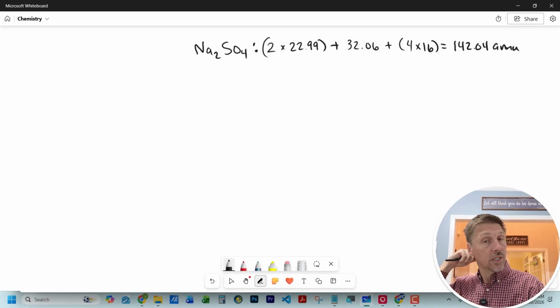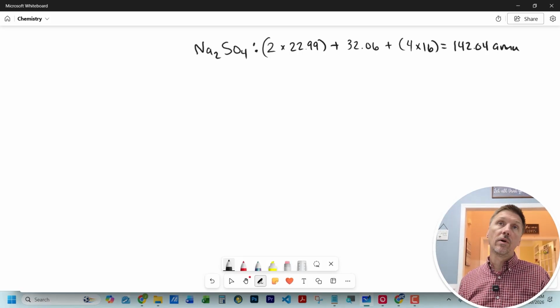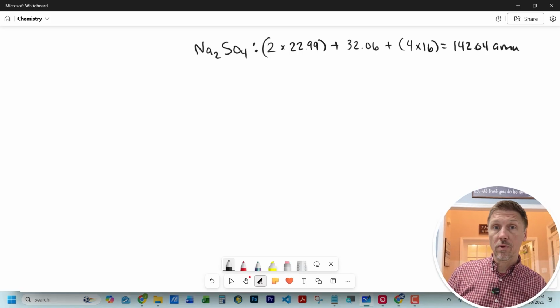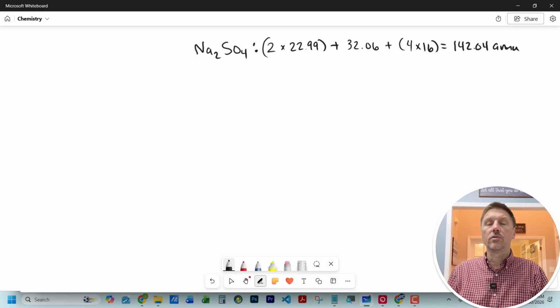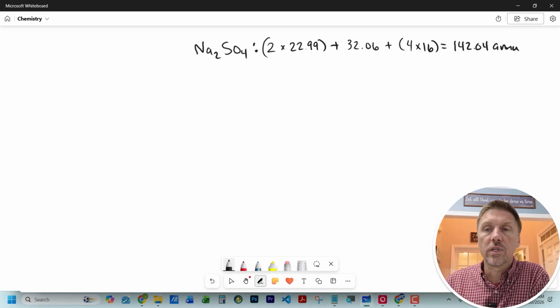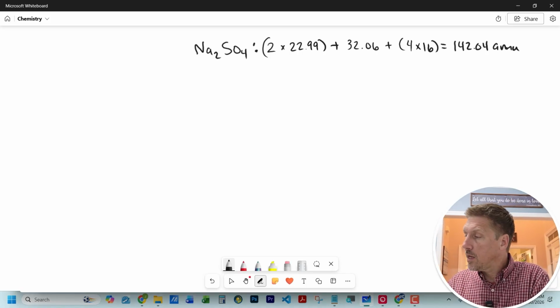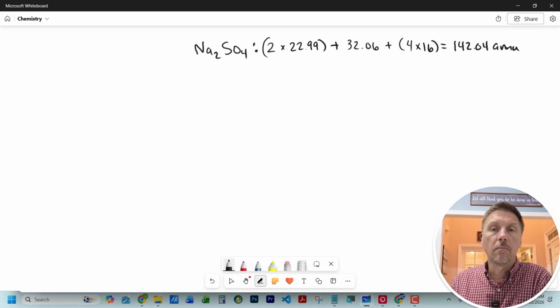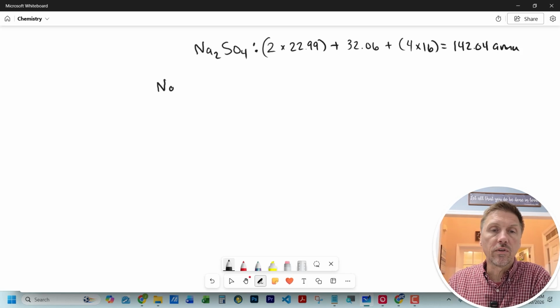And I said the percentages are based on the mass. Well, we used grams for our mass in the last problem, but we could use atomic mass units in this problem. And so let's just take the total mass, 142.04, and divide it into each of the individual masses of the substances that are in it.